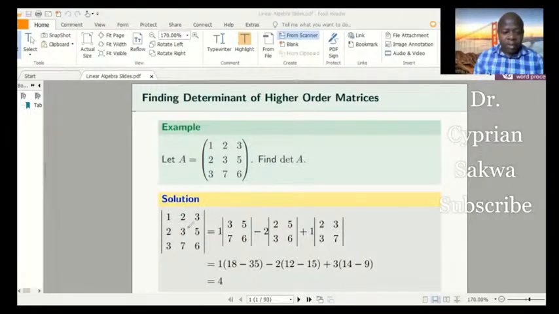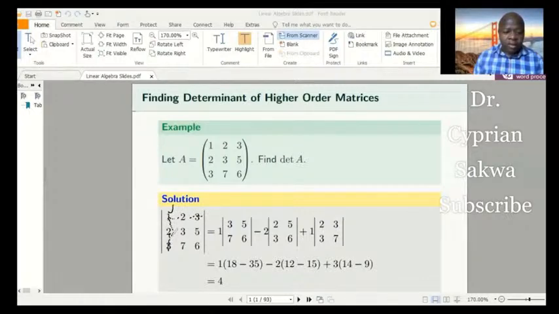So the formula is that I'll take this element 1 and multiply it by the determinant of the matrix that remains when I delete the row that 1 is in, that is row 1, and delete the column of 1.